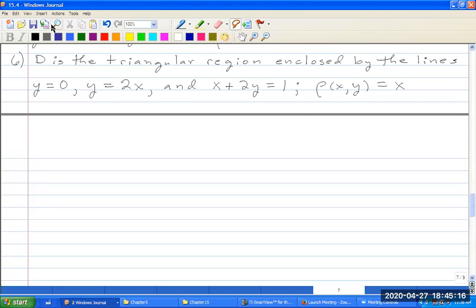D is a triangular region enclosed by the lines y equals 0, y equals 2x, and x plus 2y equals 1. So let me draw this.